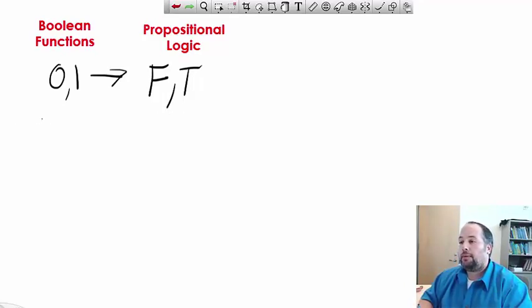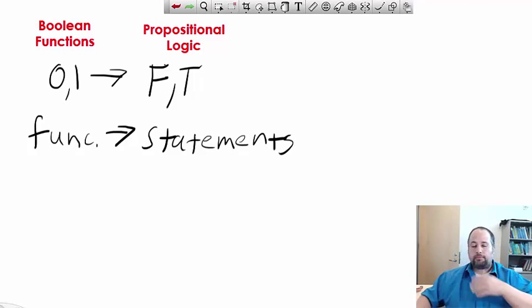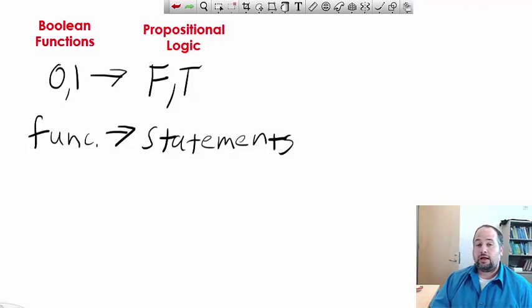Whereas we were talking about Boolean functions, now we're really talking about logical statements. And your book lists a few other ways that what we did in Boolean functions maps to propositional logic. I'm not super concerned about the details. I just want you to understand that everything we did before still counts. None of it goes away.